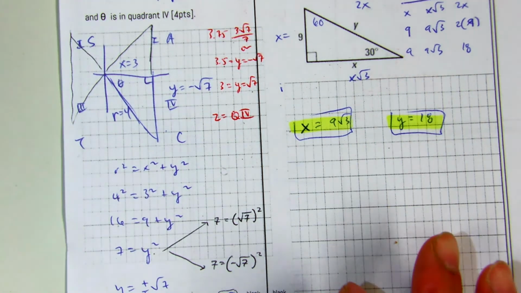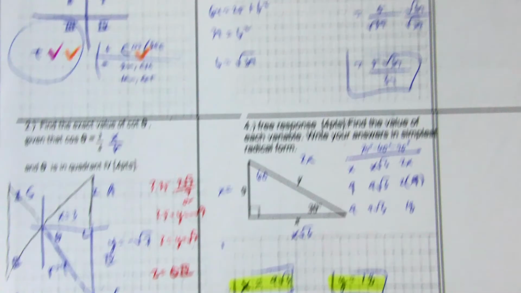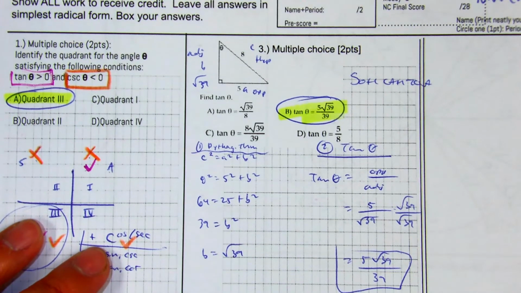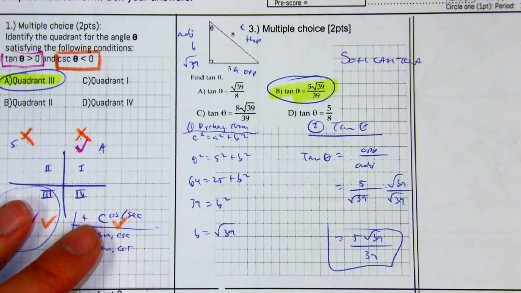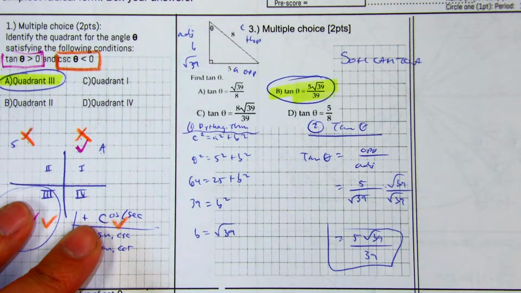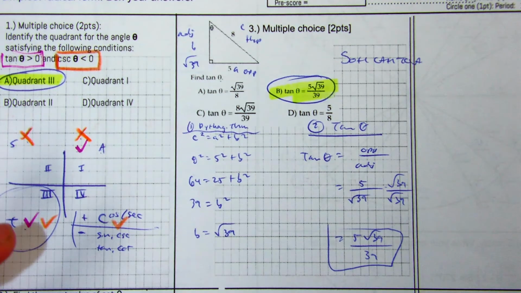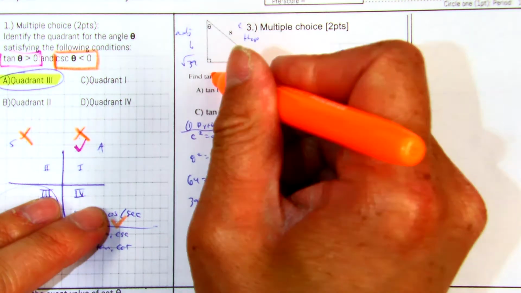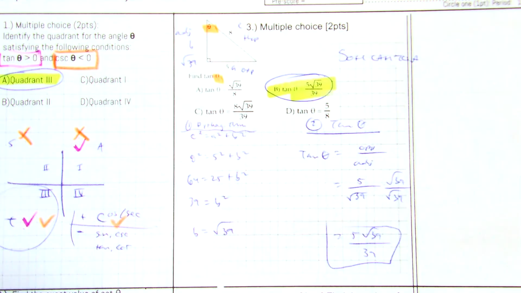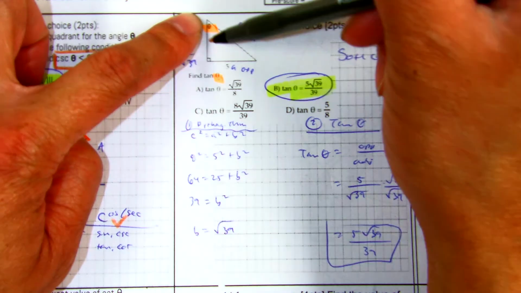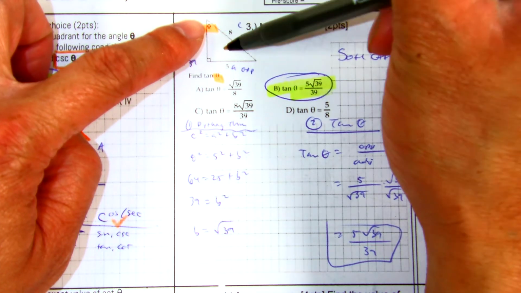Question number 3. Find tangent of theta. Theta, its starting point is up here. Based on this angle here, I'm going to start labeling it. You have the opposite side.